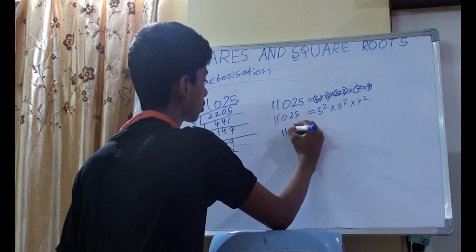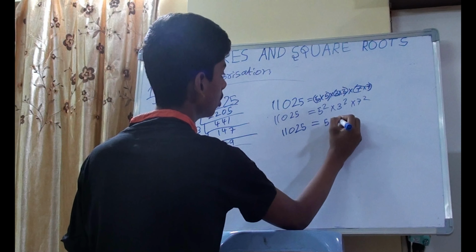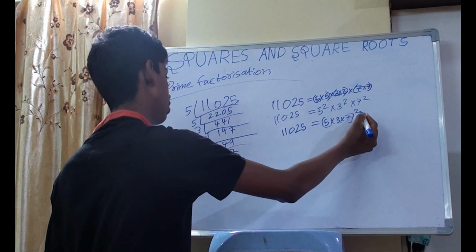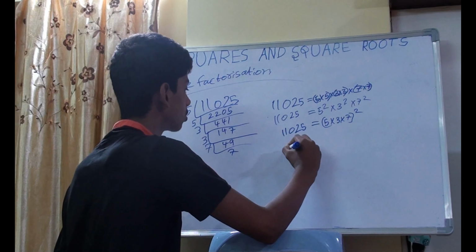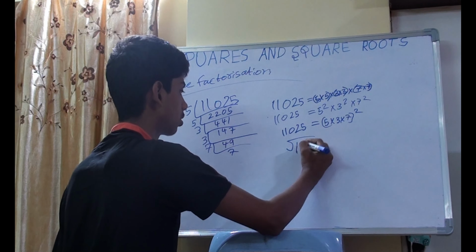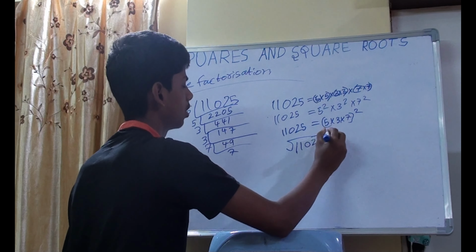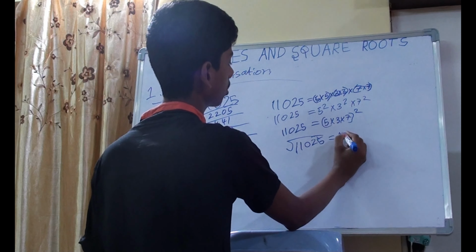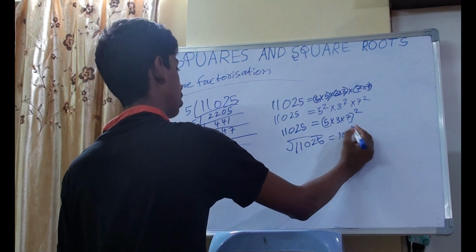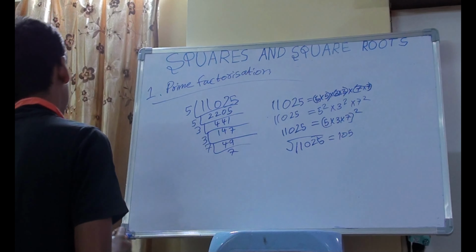So this equals (5 into 3 into 7) whole square. Now we transfer the square root to this side. So we get square root of 11,025 equals 105. If you transpose the square root to this side, it becomes 105 square equals 11,025.